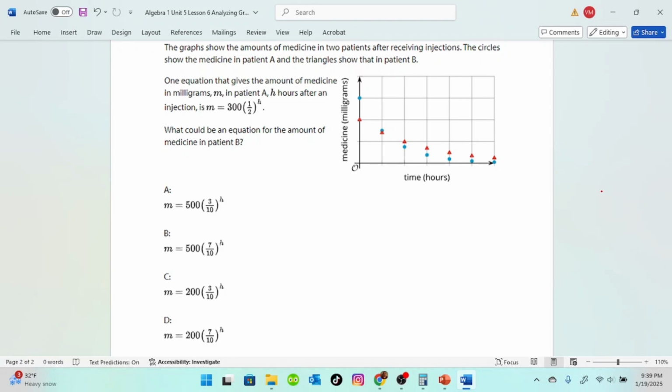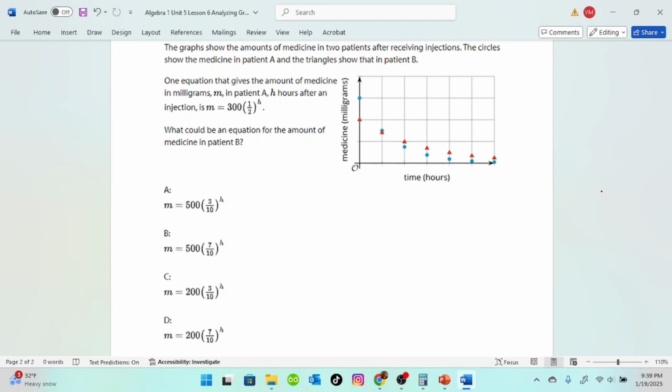The circles show the medicine in patient A, and the triangles show that in patient B. One equation that gives the amount of medicine in milligrams M in patient A, H hours after an injection, is M equals 300 times 1/2 to the power of H. What could be an equation for the amount of medicine in patient B?